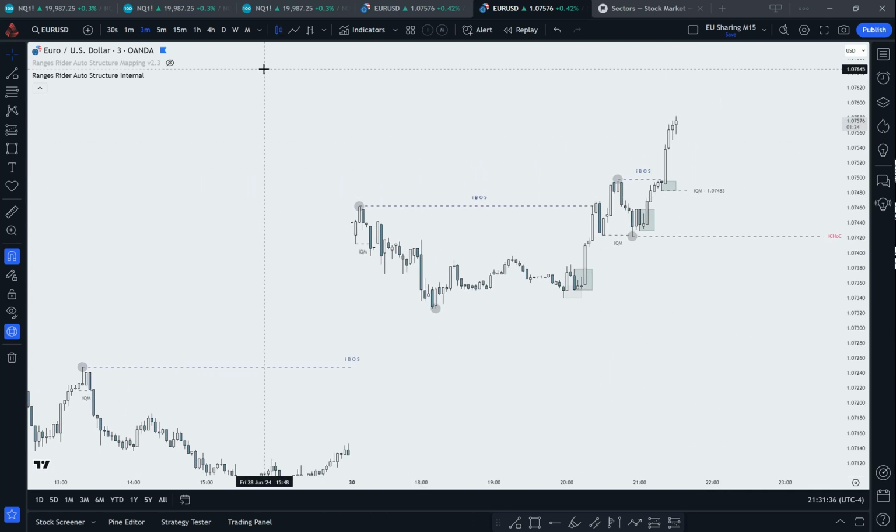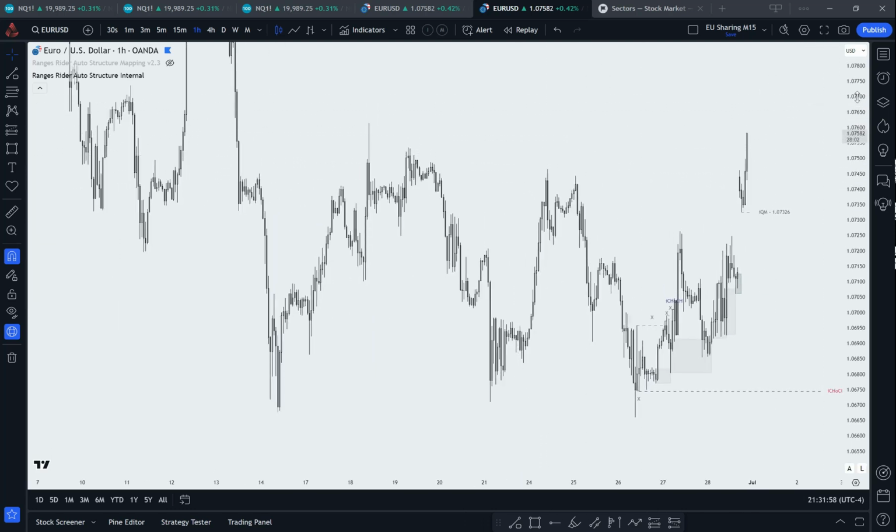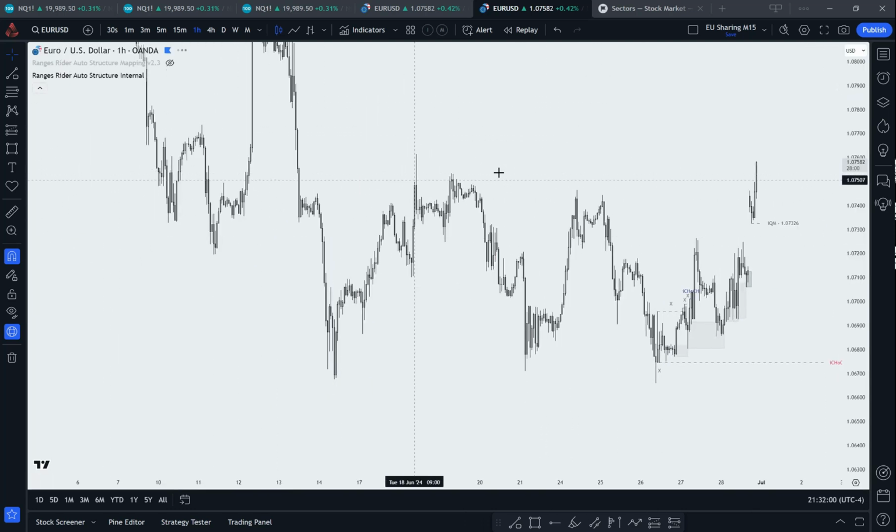So we are at the 15-minute extreme, and also the 15-minute IDM also. So now you need to be careful to go long, because the 15-minute objective is done. But the H1 objective is not done. So if you want to go on the H1 time frame and you want to be long, just be careful.